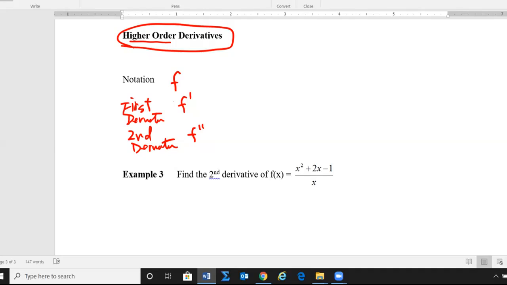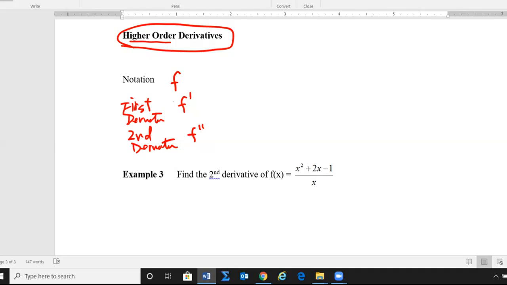First derivative of f is f prime. So now the second derivative of f is really just the derivative of f prime, the first derivative. So you just build them as you go. You can't get the third derivative unless you have the second. You can't get the second unless you have the first, because you build them.